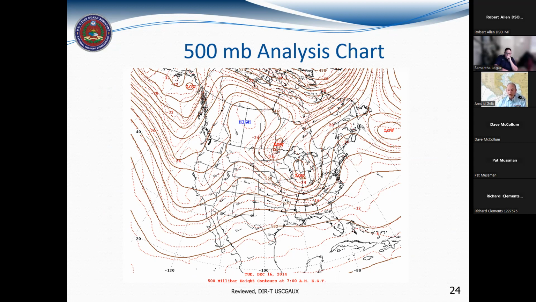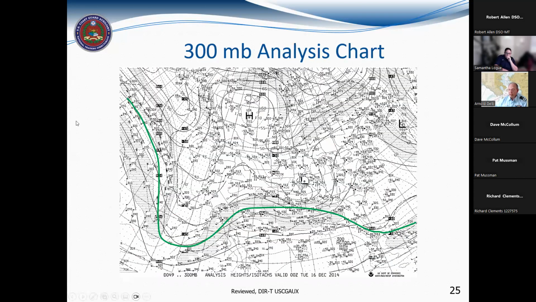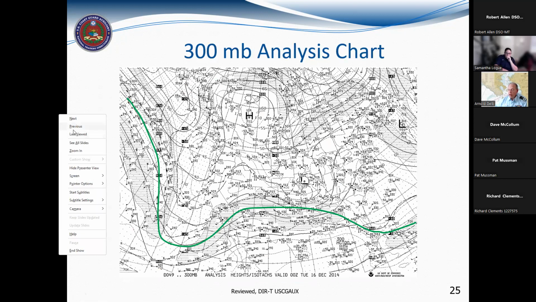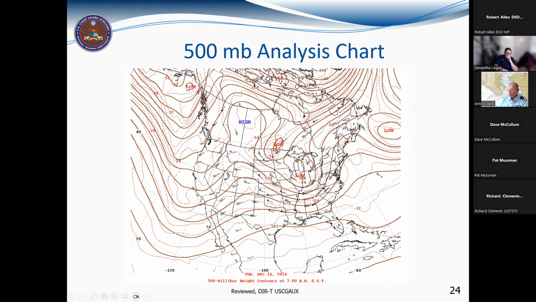I don't know if you can follow my cursor, but the lows proceed from left to right, those 4. And then there's in blue a high, which is a ridge that appears over the Rockies.